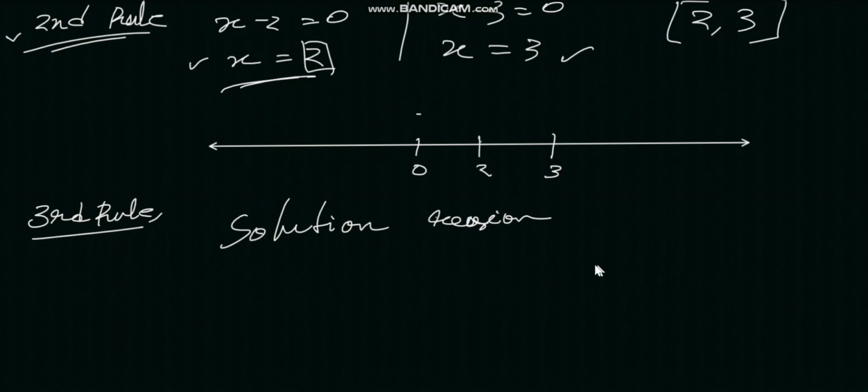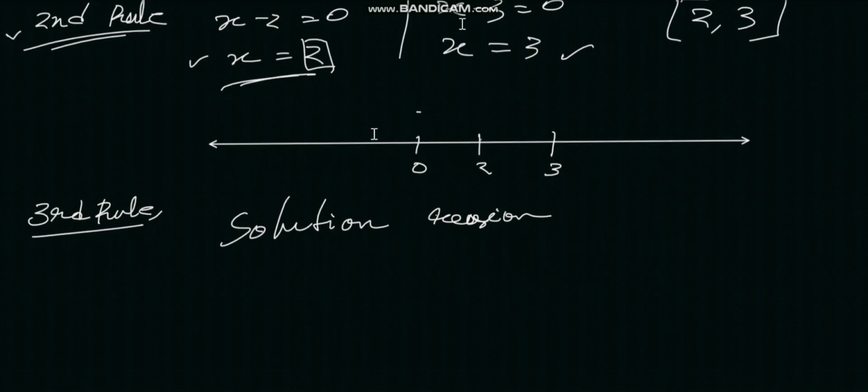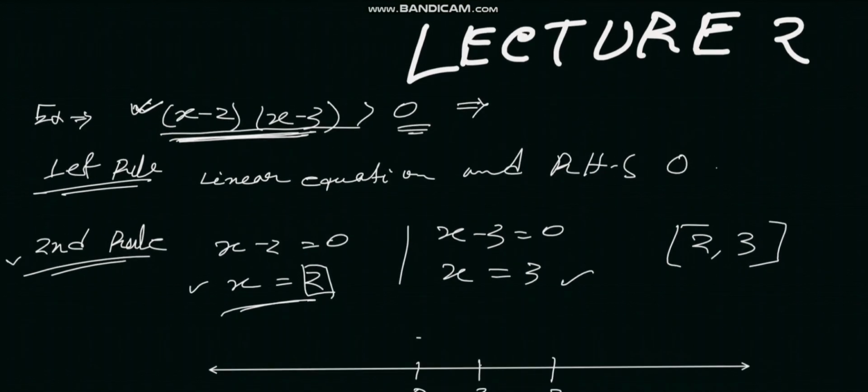That is, we need all the x which will satisfy this expression. This expression must be positive because it's simply showing that this expression is greater than 0. That simply means the expression is a positive number.